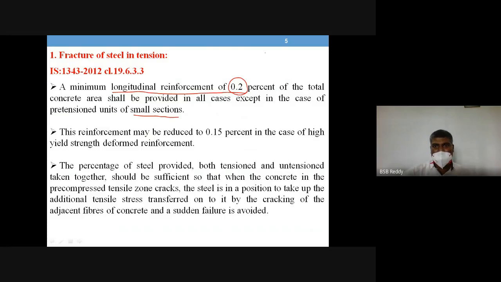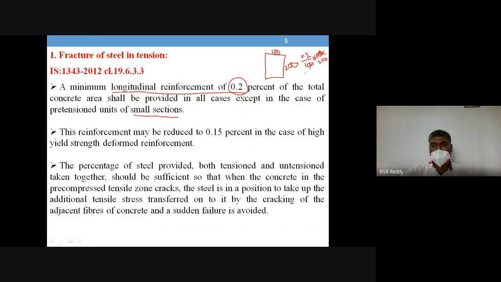For example, if you have a 100 by 200 member, take 0.2% of this area: 0.2 divided by 100 into the area, 100 into 200.